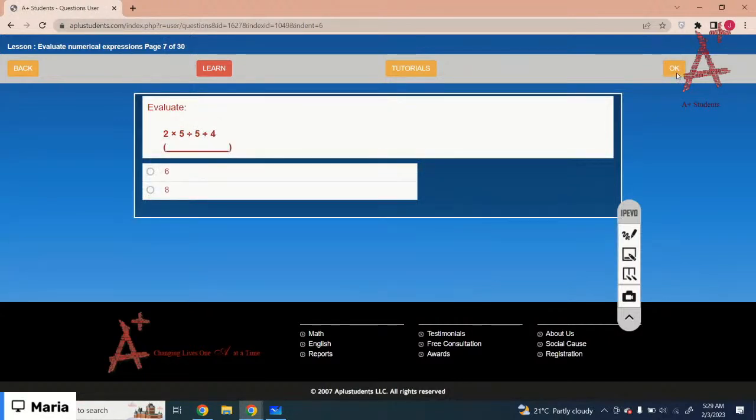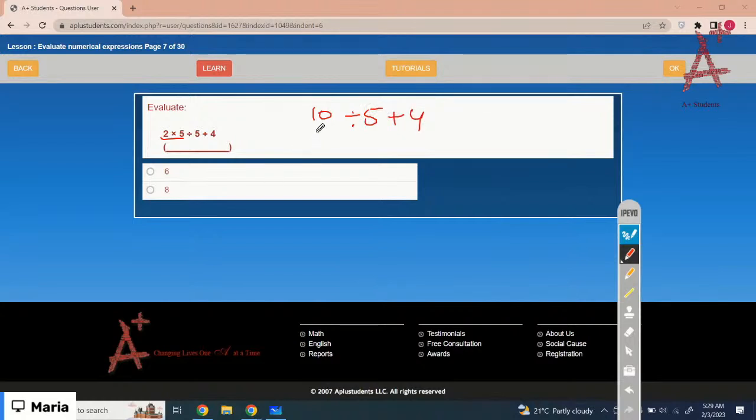Okay, the next one is 2 times 5 divided by 5 plus 4. So going from left to right, first of all, you have to perform the multiplication. 2 times 5 is 10.